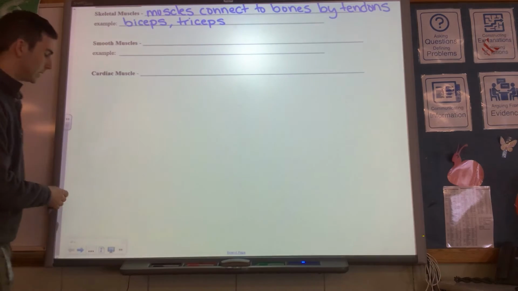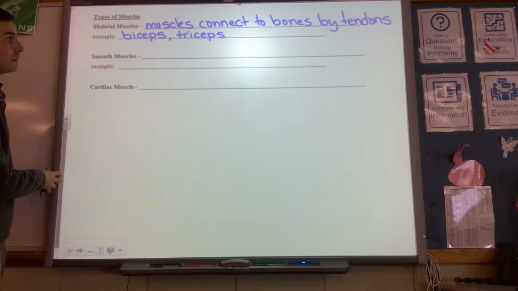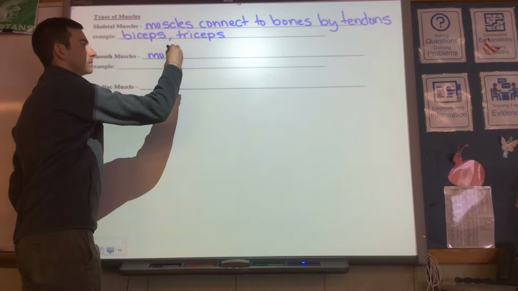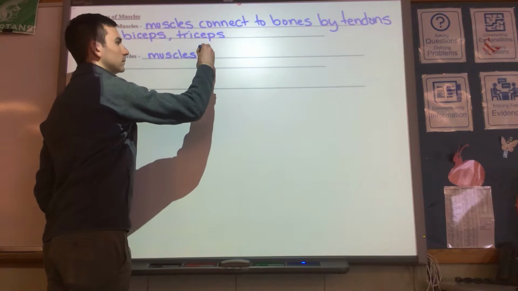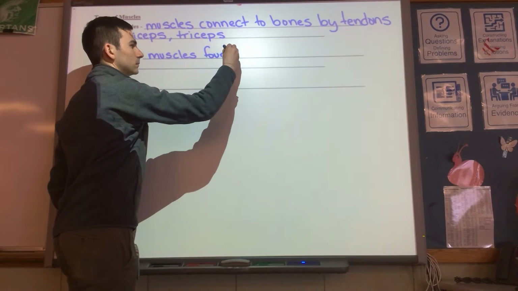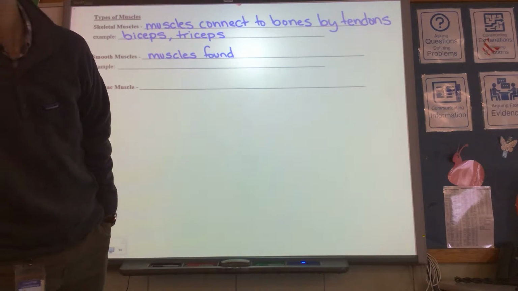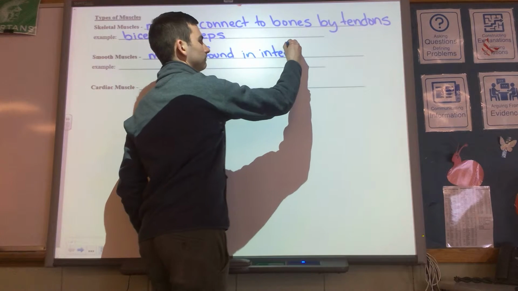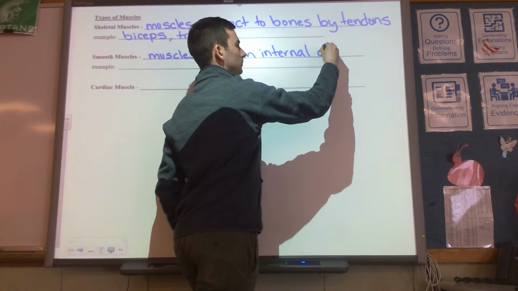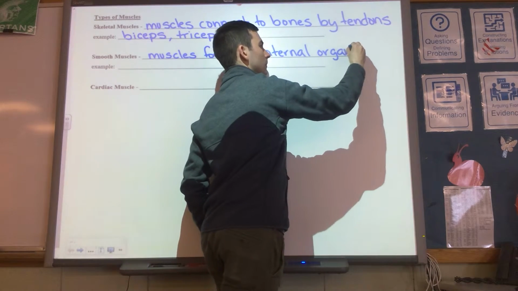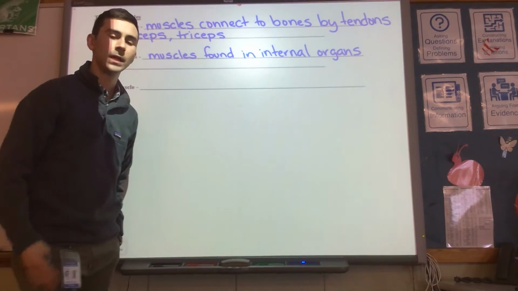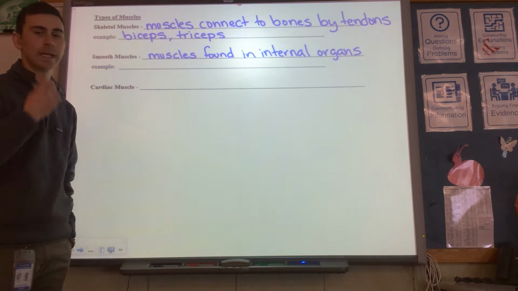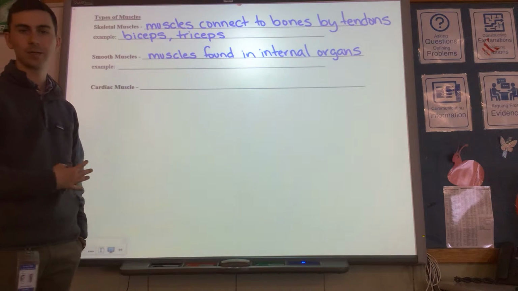Another type of muscle is going to be our smooth muscle. Our smooth muscles are the muscles found in organs. We're going to say in internal organs. These are a type of, again, involuntary muscles. So if we look at our notes at involuntary muscles, those are muscles we cannot control.